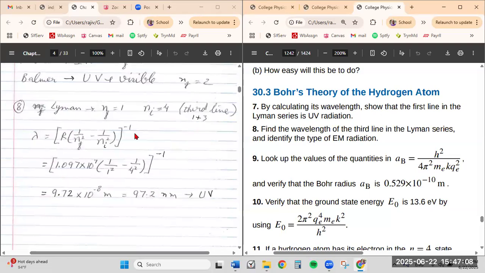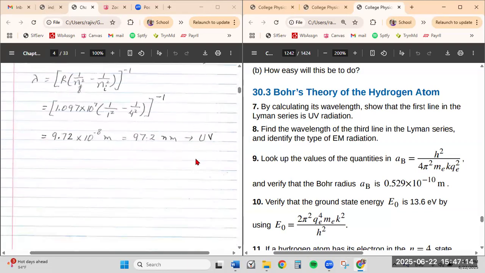So wavelength is all of this raised to -1. And then you plug in the values of Ni and Nf, and you get a value of 97.2 nanometers. And then if you look at the electromagnetic spectrum, you will find that this falls in the ultraviolet range.